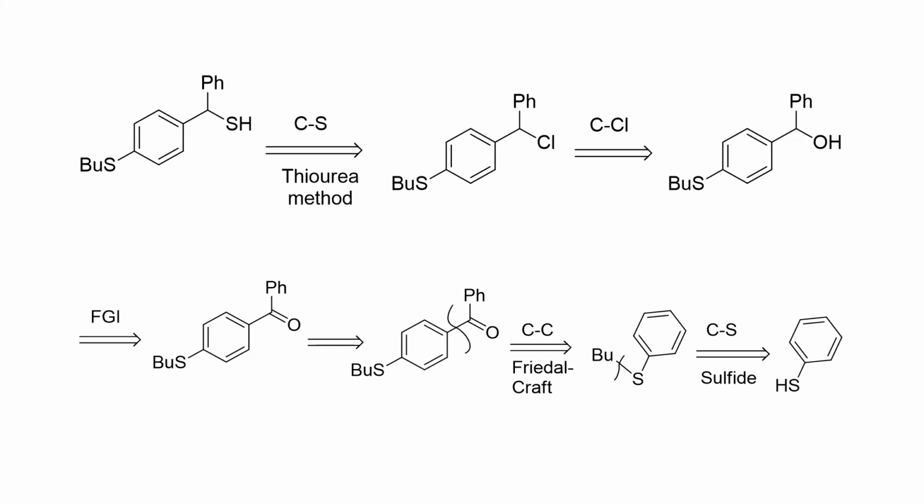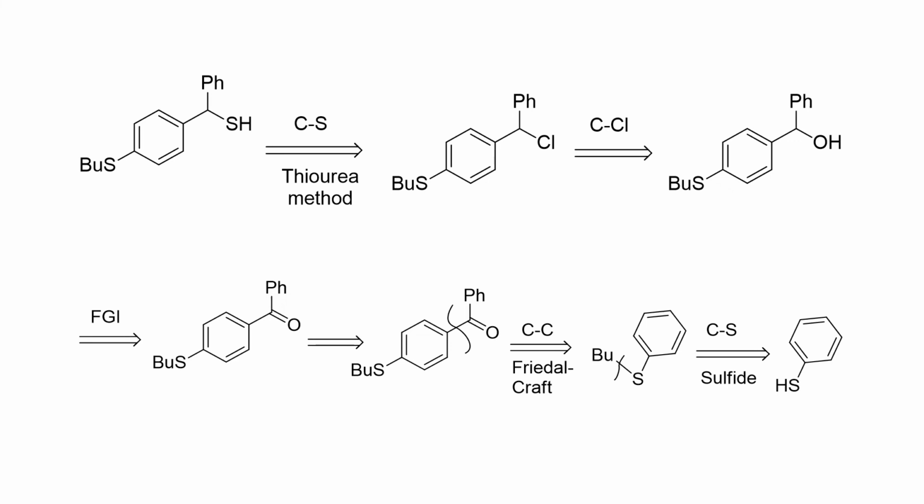This ketonic group will be disconnected through Friedel-Crafts alkylation or acylation, and in the last step this butyl sulfur group will also be disconnected. So this was all about the retroanalysis of captodiamine.